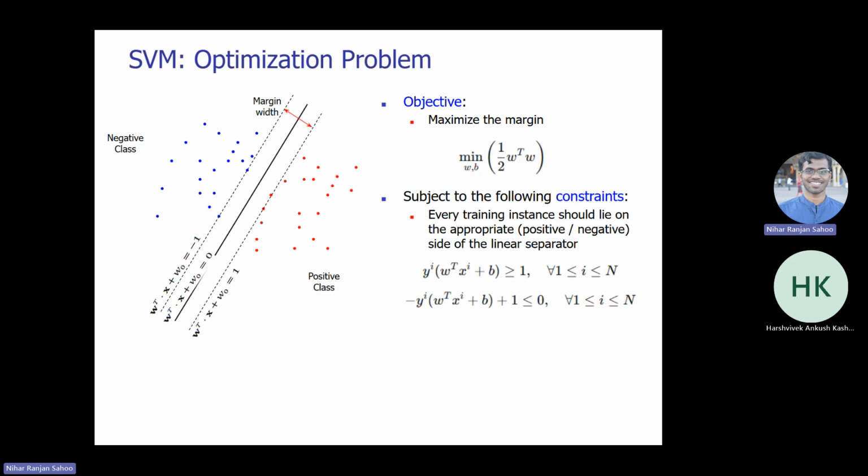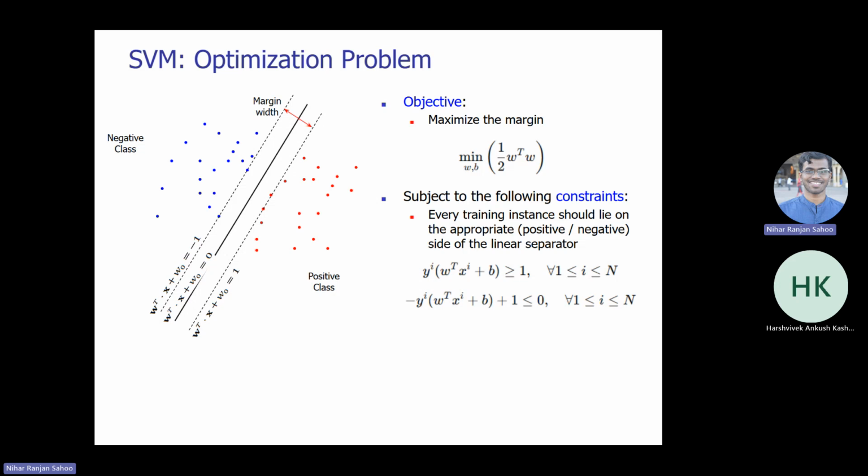For mathematical convenience, we divide by 2, because when you differentiate W transpose W, there will be a square term and the 2 will come outside. But there are some constraints: all these data points should be correctly classified. Because of these constraints, the closest points automatically get selected by the optimization algorithm.